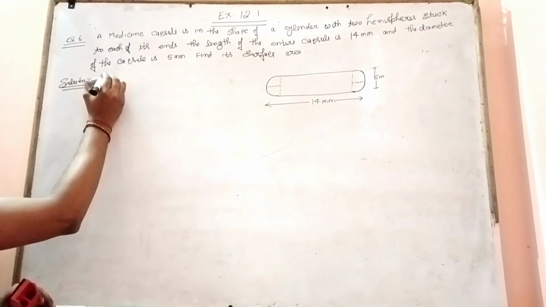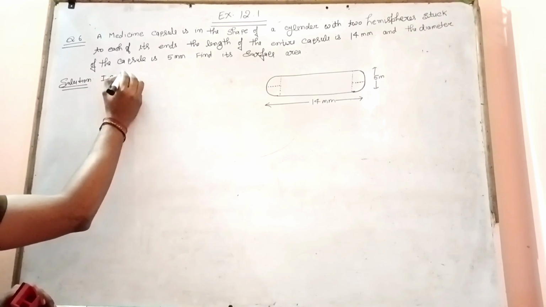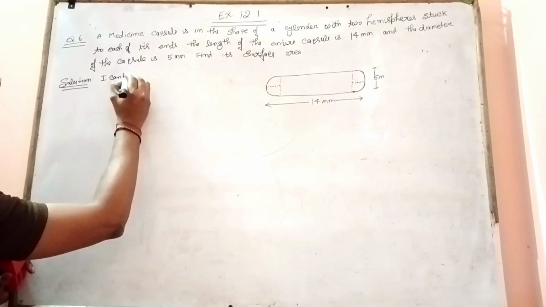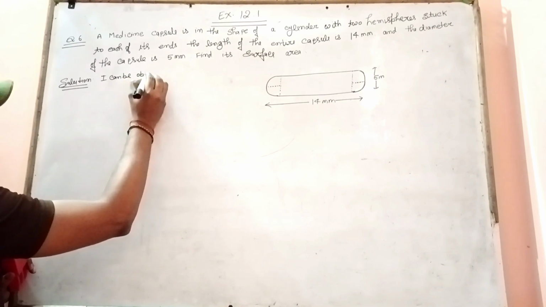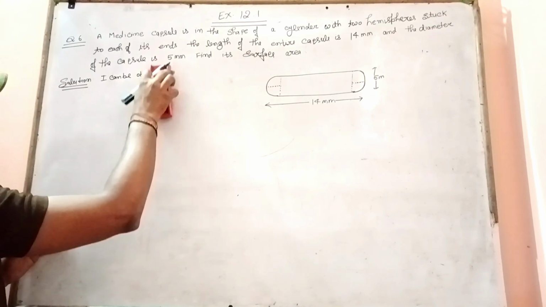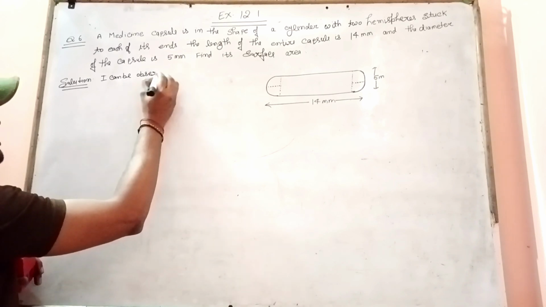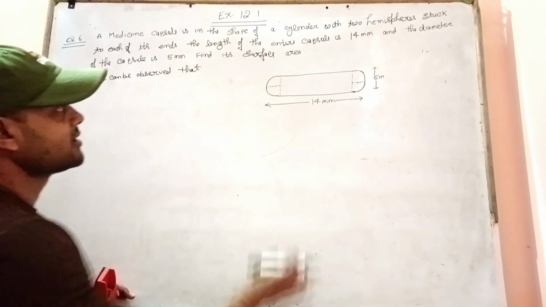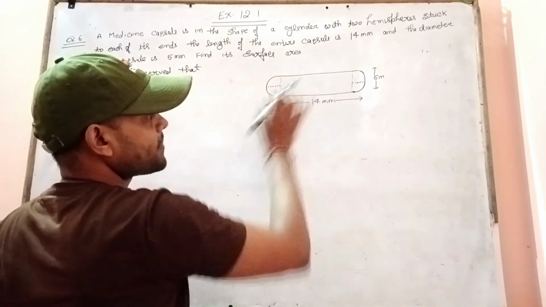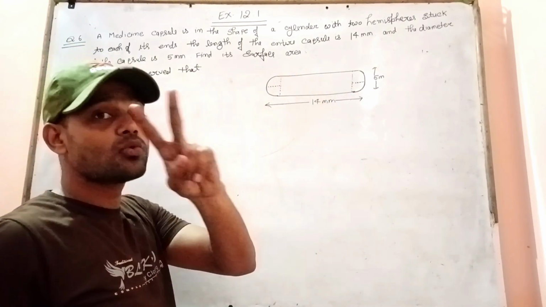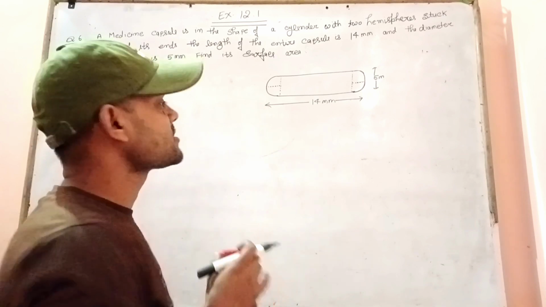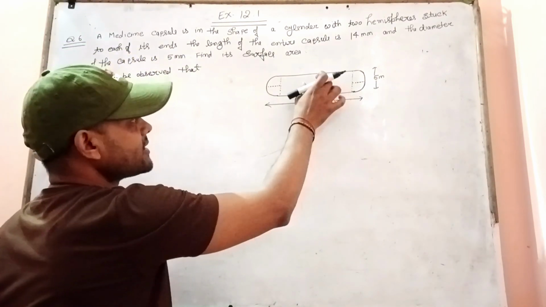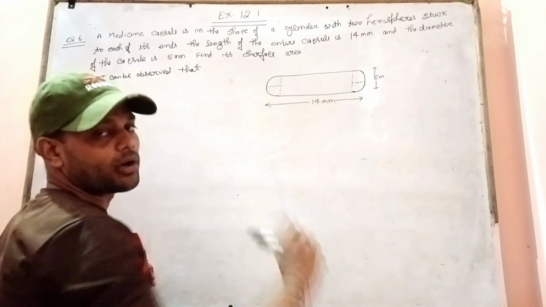It can be observed that this is the cylindrical portion. The capsule is made from two solid shapes: the hemispherical part and the cylindrical part.